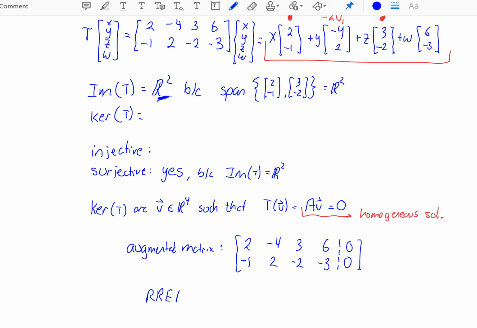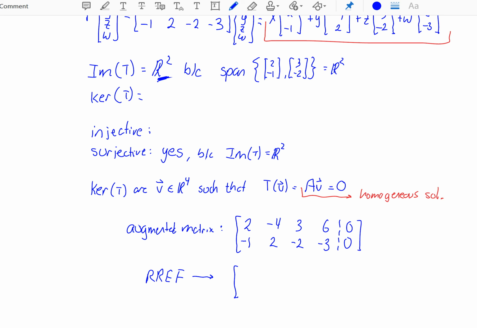Now I'm going to help us out with the RREF here to save us time. If you did the row operations by hand, or preferably using a calculator, your RREF of this matrix should look like 1, -2, 0, 3, 0, 0, 0, 1, 0, 0.